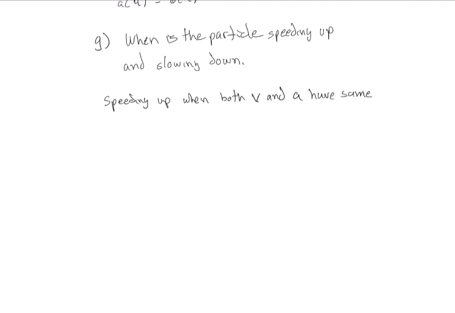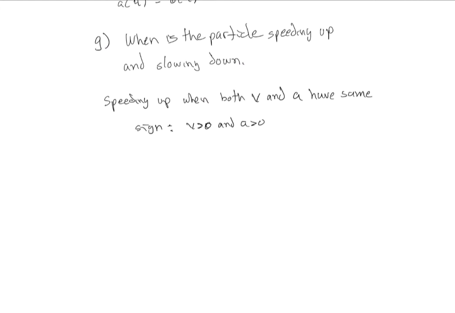So in other words, v is positive and a is positive. So my velocity is increasing and my acceleration is pushing it in the same direction. Or if v is negative and a is negative, again, I'm being pushed in the negative direction. So I'm speeding up. When they're opposite in signs, I'm slowing down.